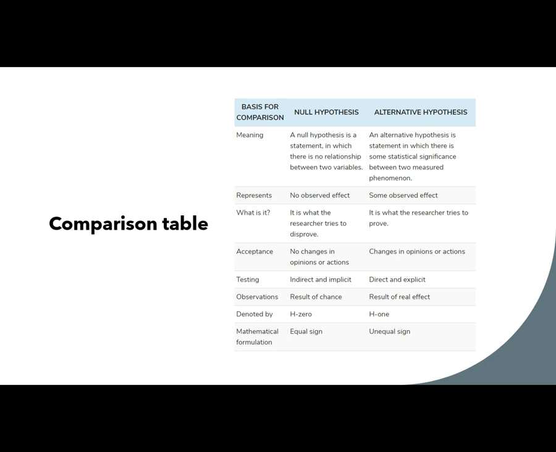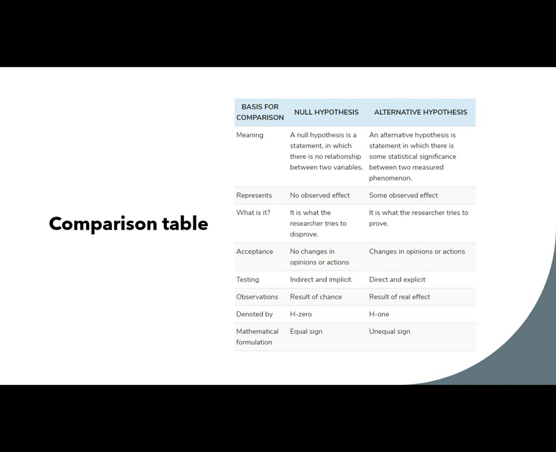And what exactly is the null hypothesis? It is what the researchers try to disprove, and the alternative hypothesis is what researchers try to prove. On acceptance, there are no changes in opinions or actions in the case of the null hypothesis, and changes in opinions or actions in the alternative hypothesis.